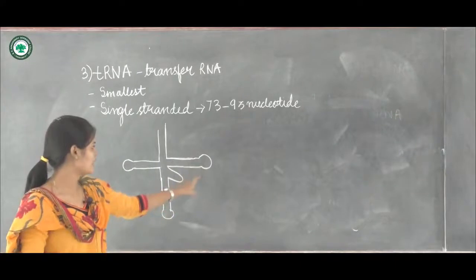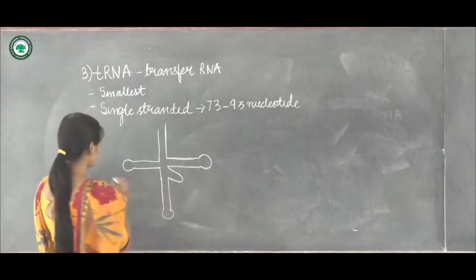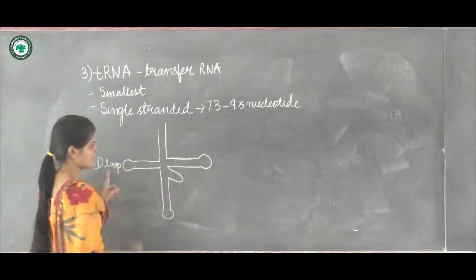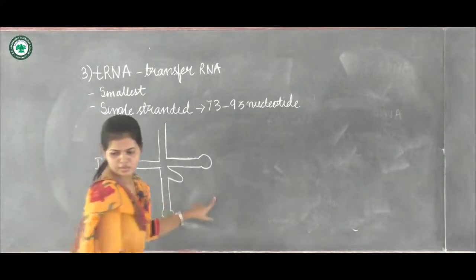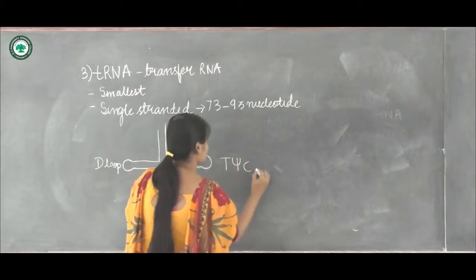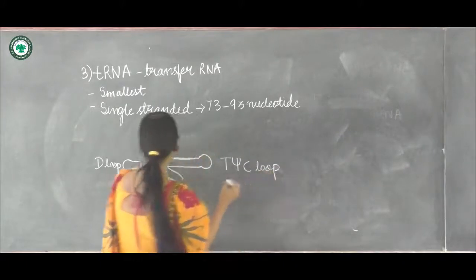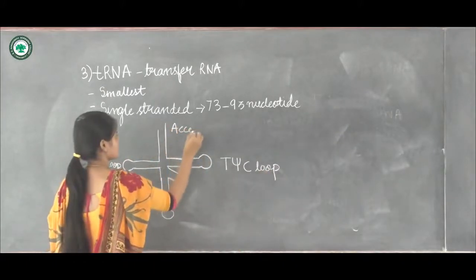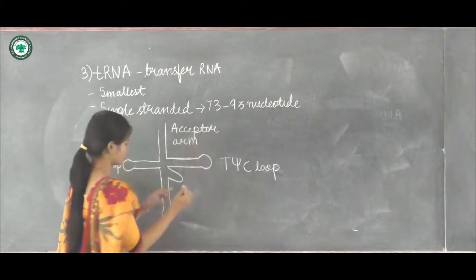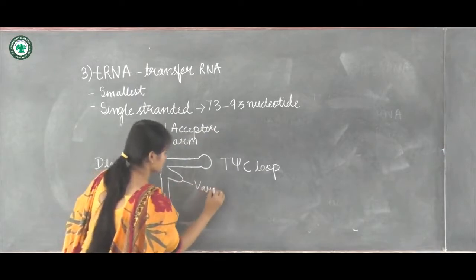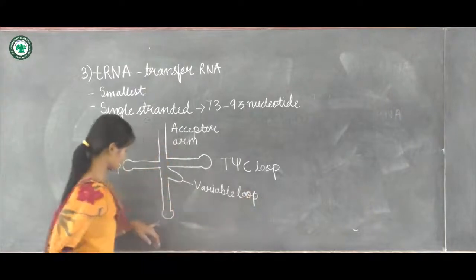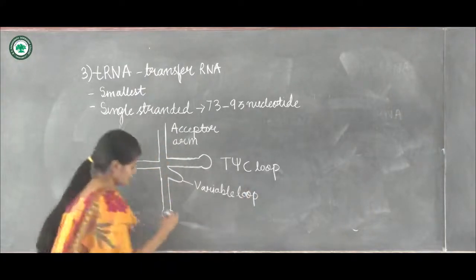It consists of various loops and stems. This is the D loop, this is the T loop, this is the acceptor arm, this is the variable loop, and this is the anticodon loop.